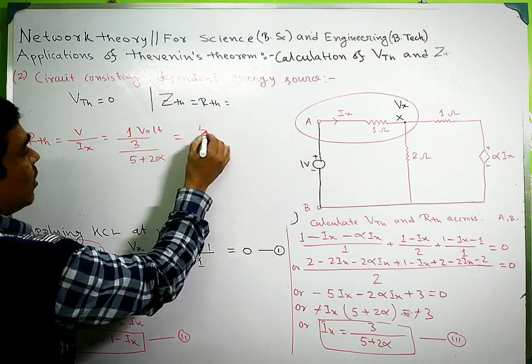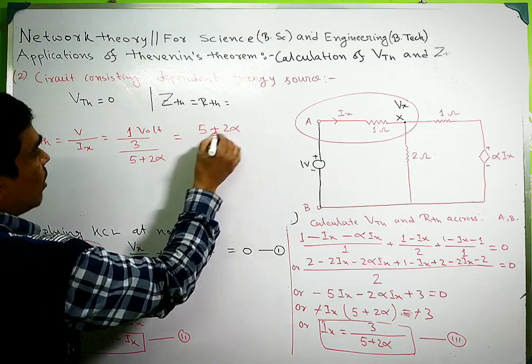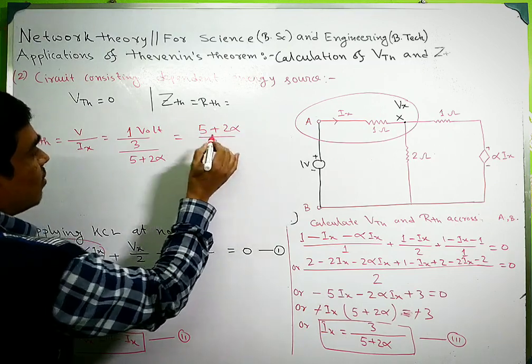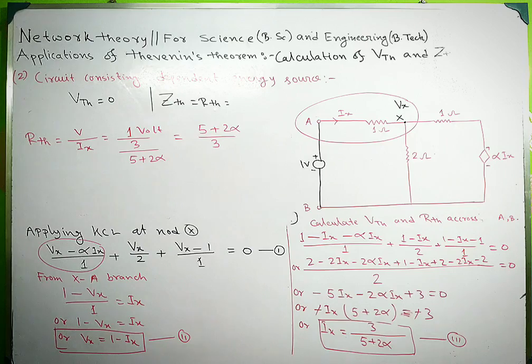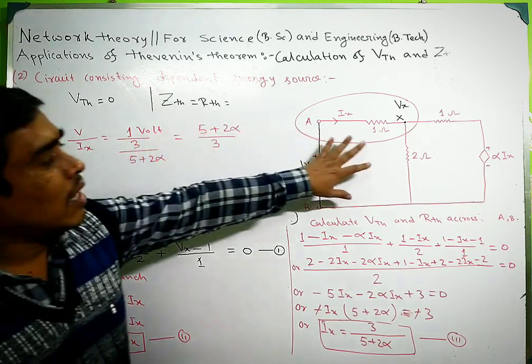So RTH is (5 plus 2 alpha) divided by 3. This is the Thevenin impedance of this circuit.